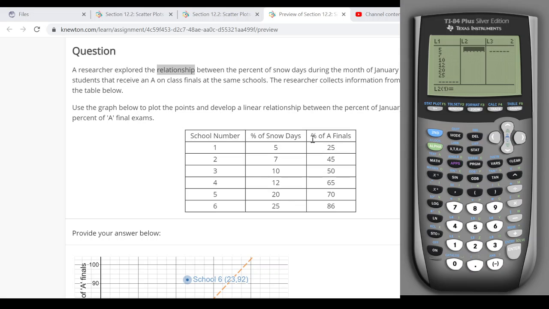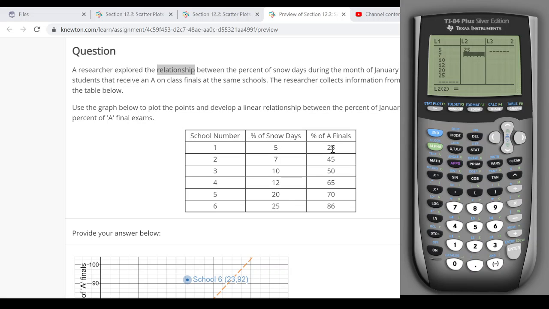Then down list L2, or again, some other empty list, I'm going to put the percentage of students who got an A on their finals in these schools. These are the Y coordinates. So I'll put the X coordinates down one list, the Y coordinates down the other, and make sure they're lined up. They are both related to school 1, so I can't move the 25 to the 7 all of a sudden.